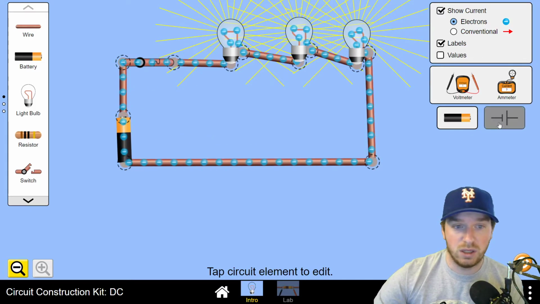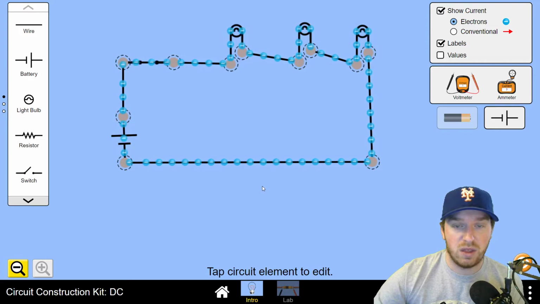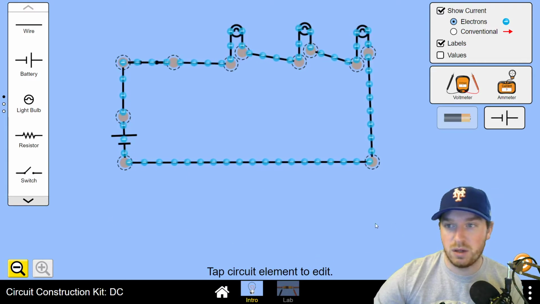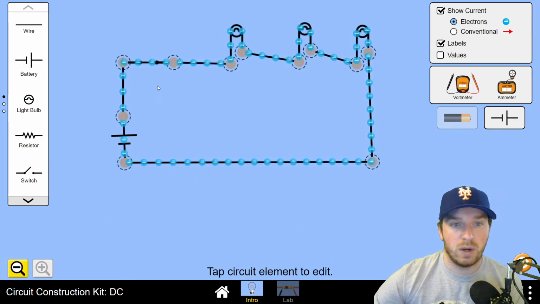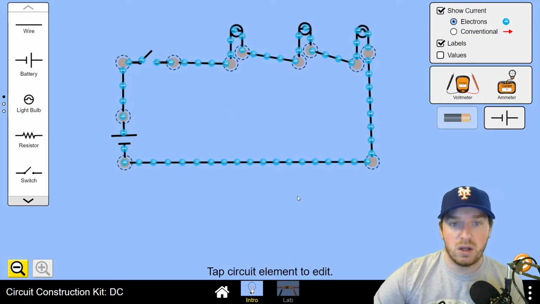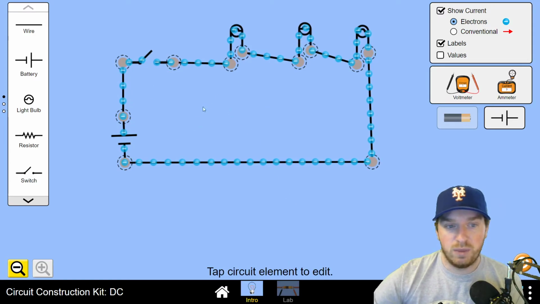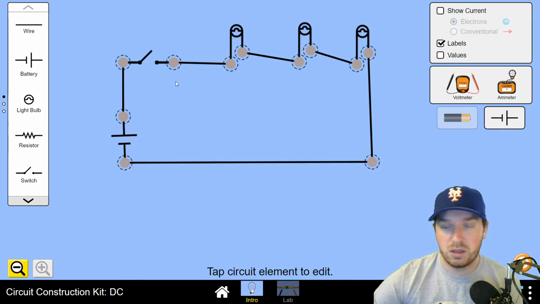Now, if you wanted to look at the schematic view of it, notice these are things that we've just talked about. I'm going to open up the switch real fast. So the light bulbs are drawn a little bit differently, but look, we have a battery, or at least the cell of a battery. If we zoom in here, we have a switch. We have our lamps.